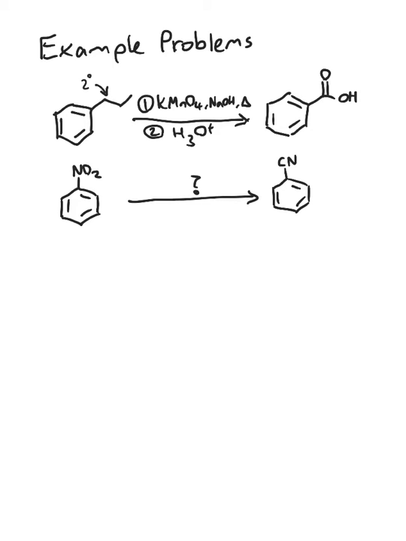Okay, so how would we approach this? Well, we know that we can't convert the nitro group into the nitrile immediately, but we can convert it into the amino group.